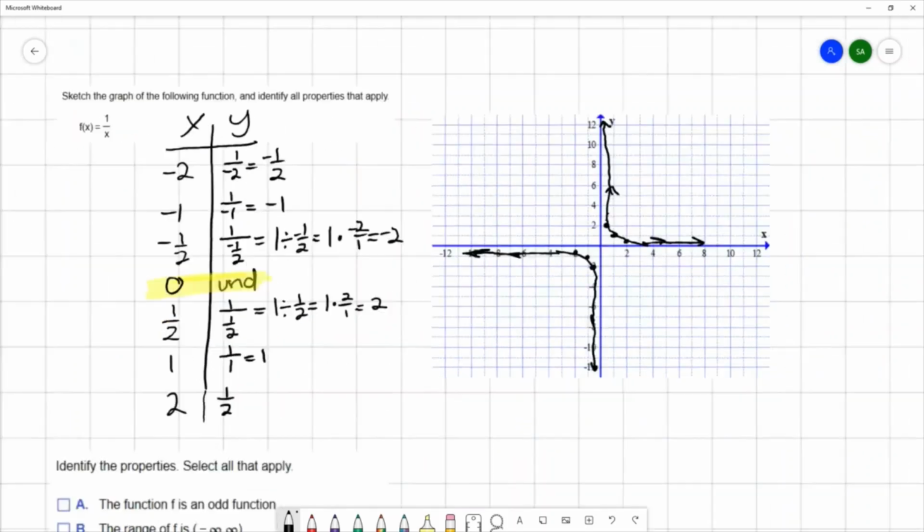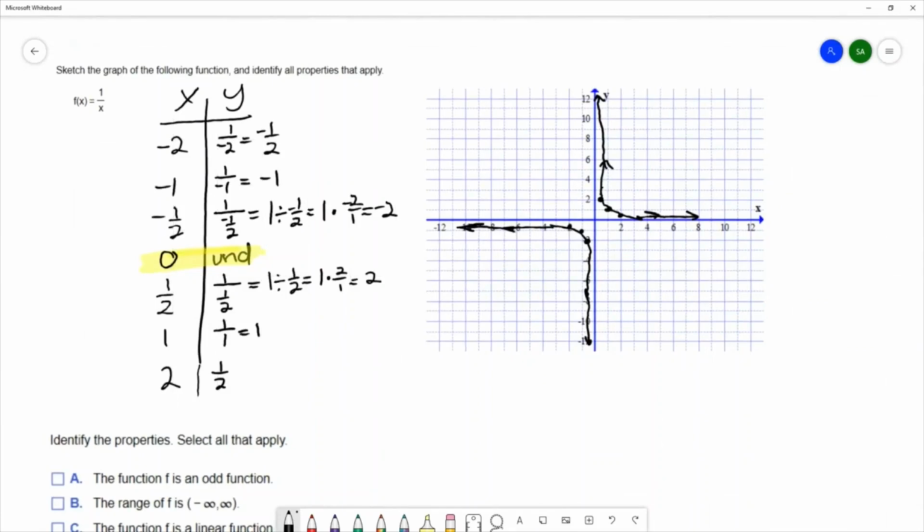I want to take a look at these properties that I have listed below. The first property is the function is an odd function. So an odd function has origin symmetry. And origin symmetry is when you have a mirror image over the origin, over 0, 0. You're looking for a mirror image in opposite quadrants.